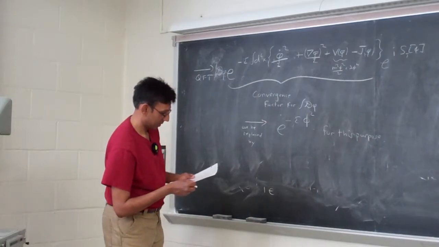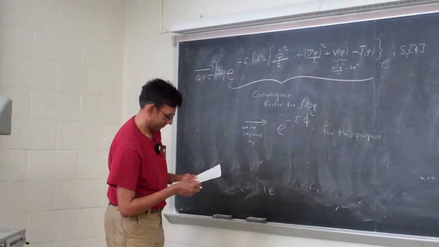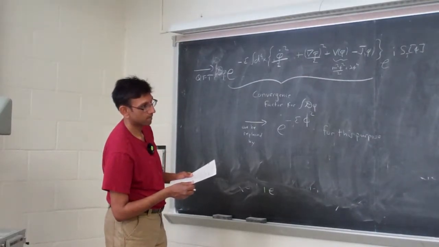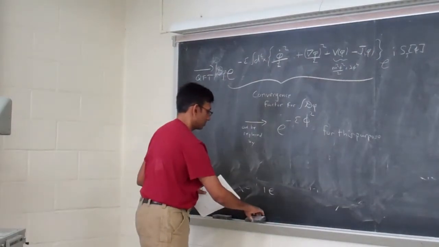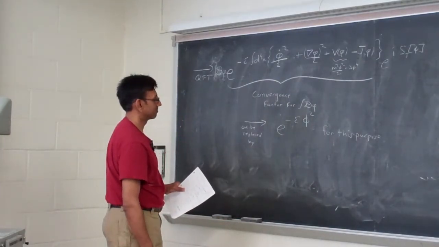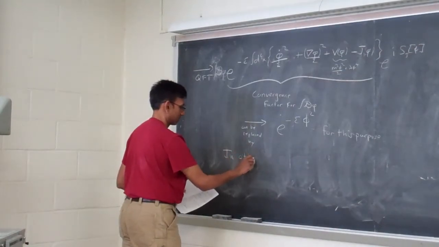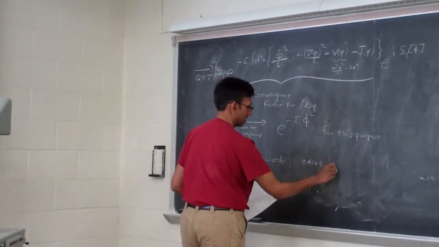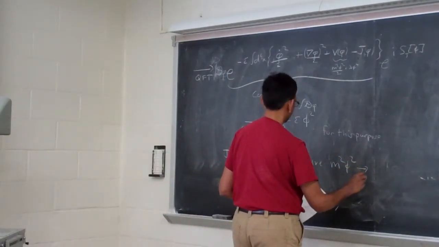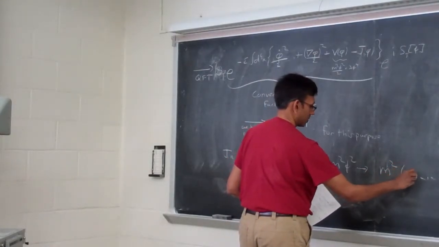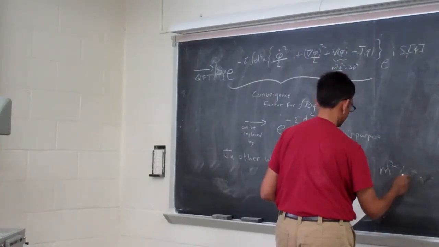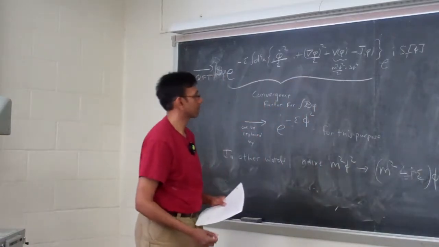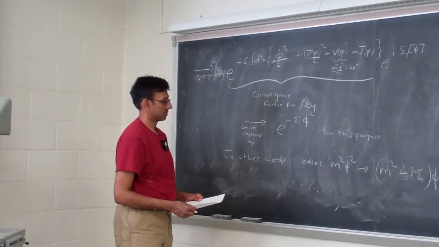So therefore, naive m squared phi squared goes to m squared with this epsilon.